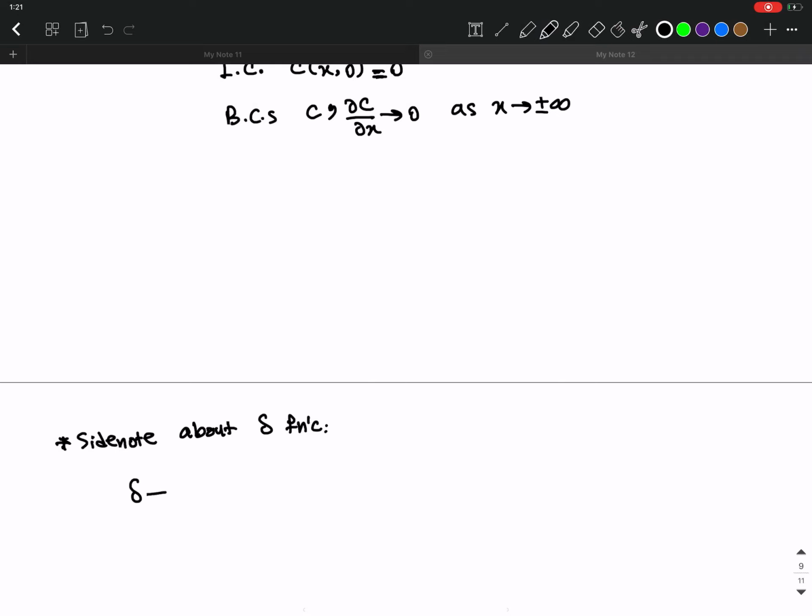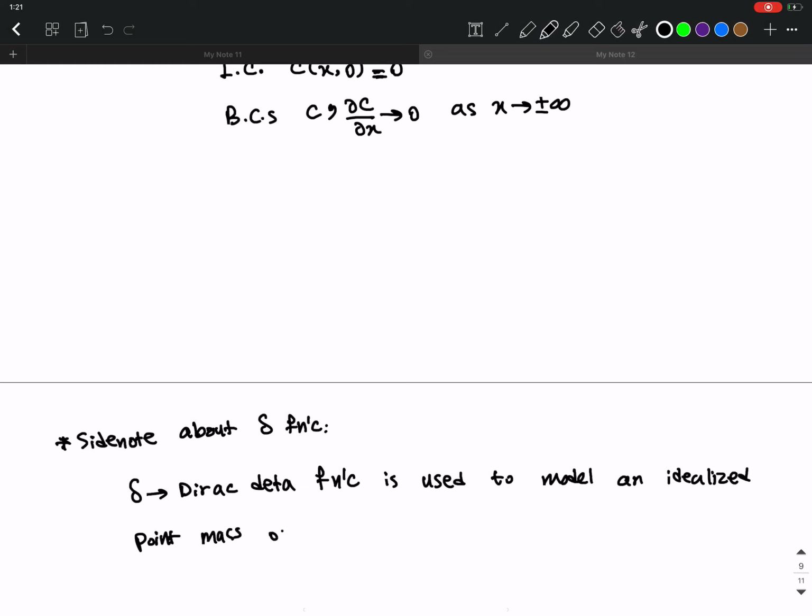Delta is also known as the Dirac delta function, and it is used to model an idealized point mass or charge.